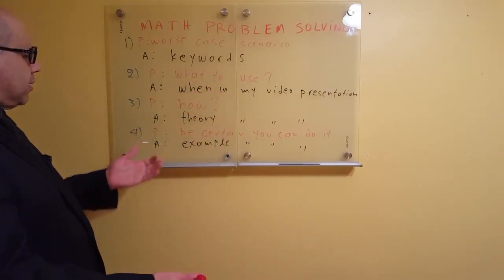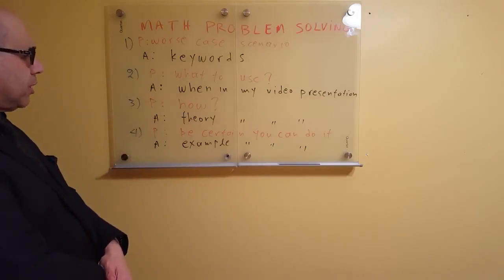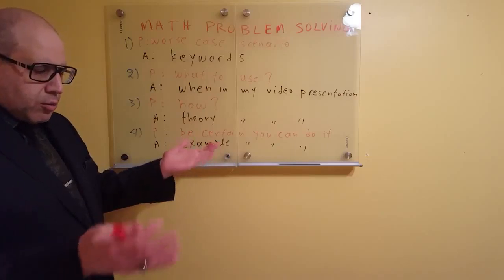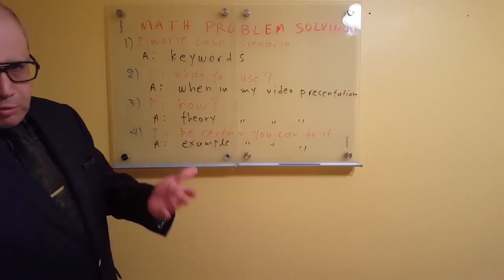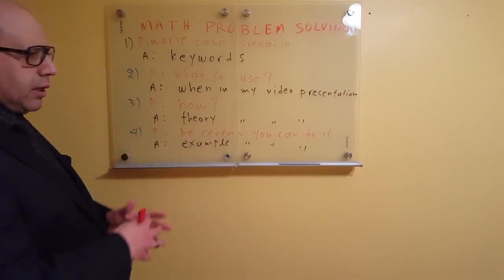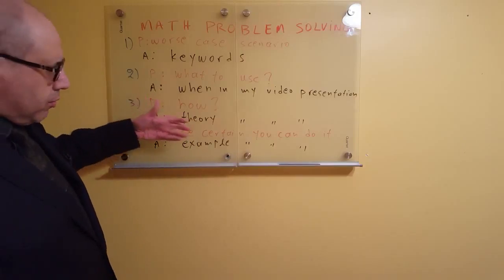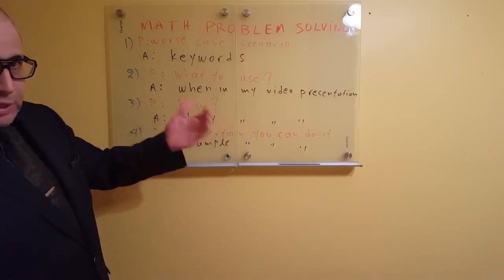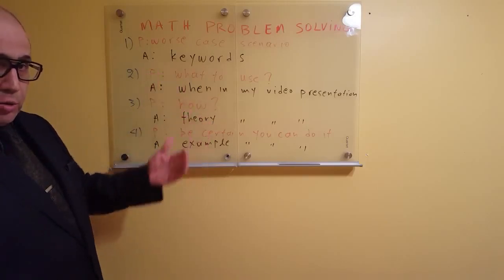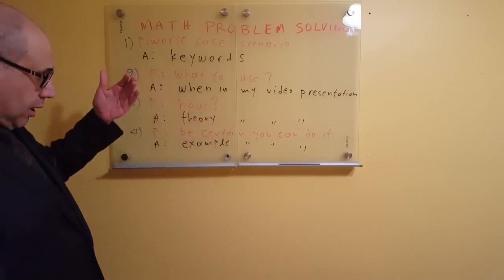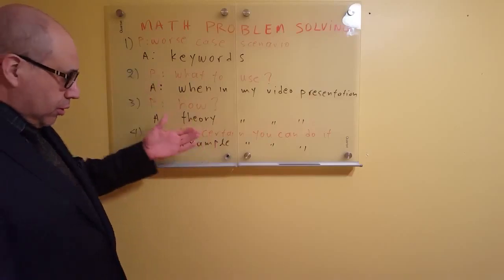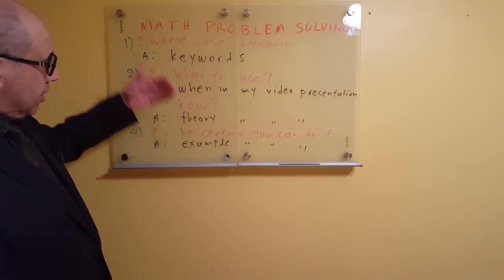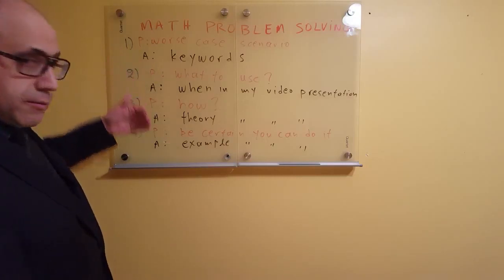And finally, the last point, number 4, is you have to be certain that you can do it. So that's why it's good to follow an example. That's why all my math videos close with an illustrated example that explains steps 2 and 3.